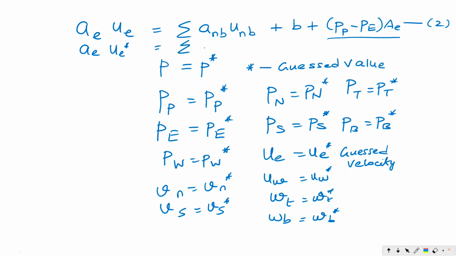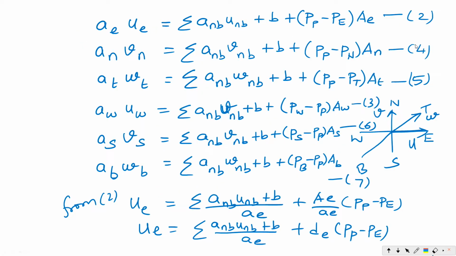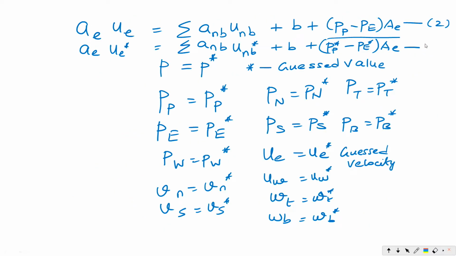So it will be AE UE star, and the neighbour velocities also become star, sum of A_nb U_nb star, plus B, plus PP star minus PE star of AE. Already we have given equations up to 7, so I will take this as the next equation number.